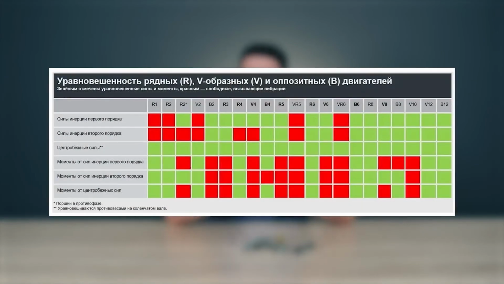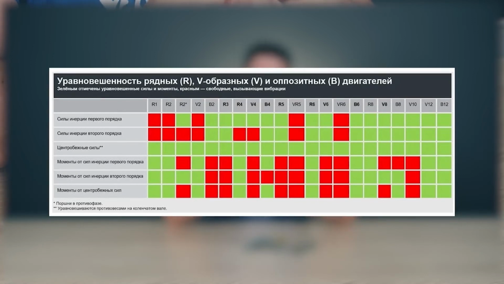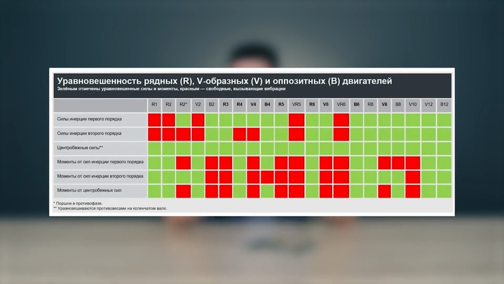Now you will see a table that shows which types of engines and how many cylinders are most balanced. For example, this table shows that the most balanced engines are the V12 engine, the Inline 6, and the Boxer 6. And the most unfortunate in terms of balance are the VR5 and VR6 engines.